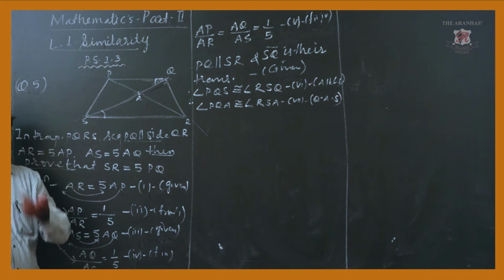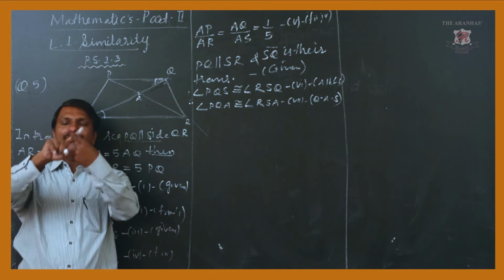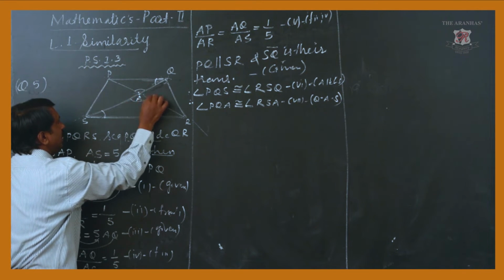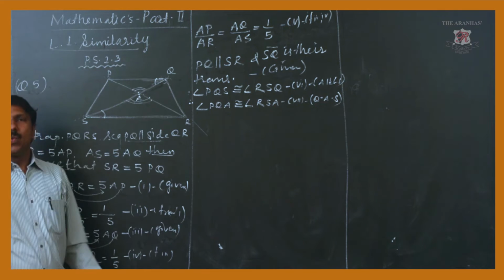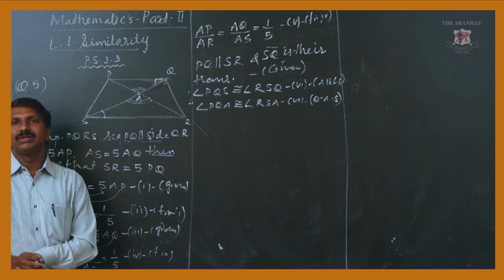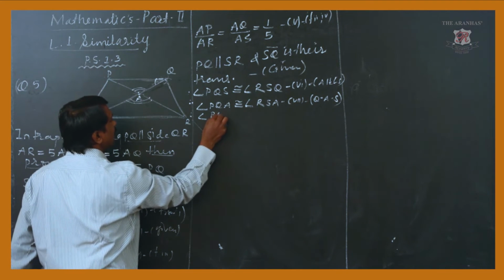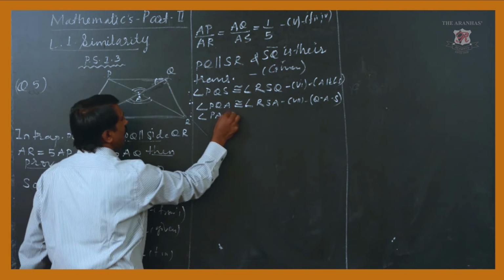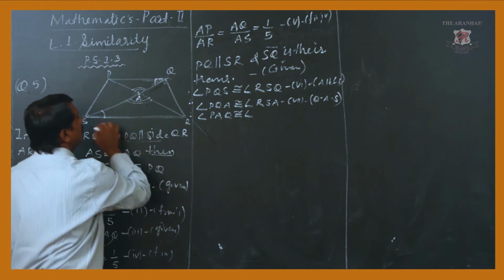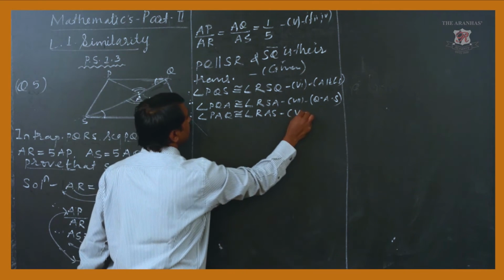Observation again, standard 9, the first theorem we discussed: when two lines intersect each other, the angles formed between them that are vertically opposite are congruent to each other. So we can apply this concept, because segment PR and segment QS intersect each other at point A. Therefore, angle PAQ is congruent to angle RAS.